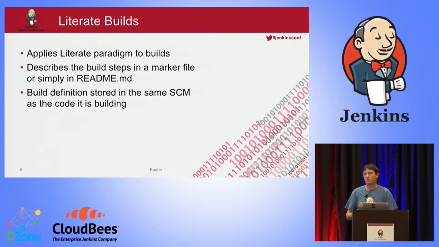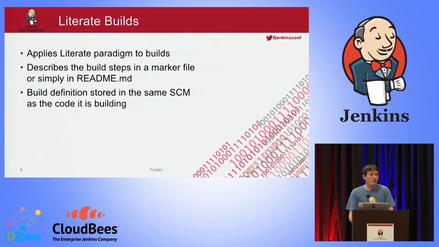Then we use a special markup formalism to say, this is a command that has to be executed, this is the kind of constraint I'm putting on my build. Using this mechanism, we can have both a README that explains to the user or developer how to build the project, and the same file can be used by Jenkins to actually build the project and do the CI.